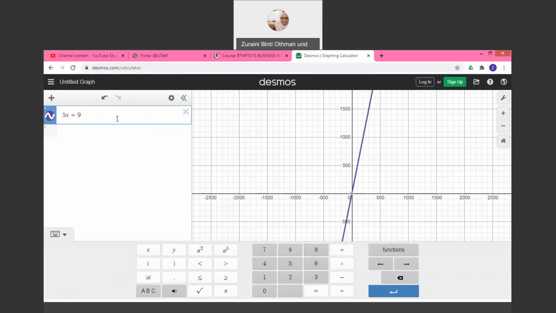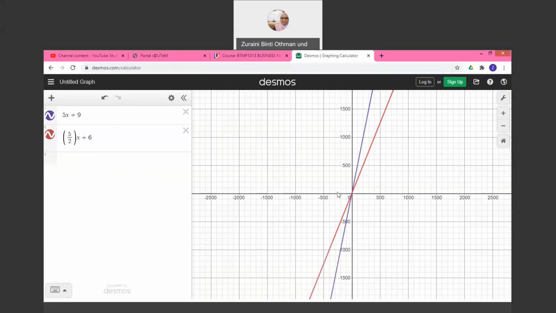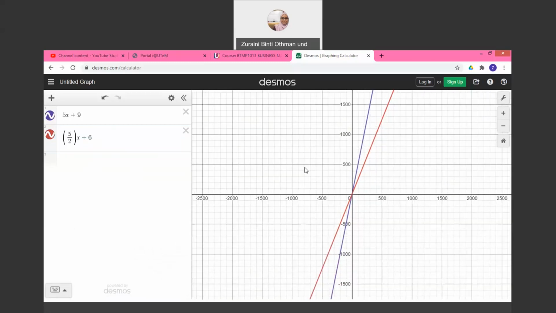Or you want to draw another graph which involves division, which is 5 divide by 2, then we want to put x outside, then plus 6, for example. Then the red, this is the legend. The red will refer to the red line, then the blue will refer to the blue or purple line here. Okay, easy, right? How to use this Desmos.